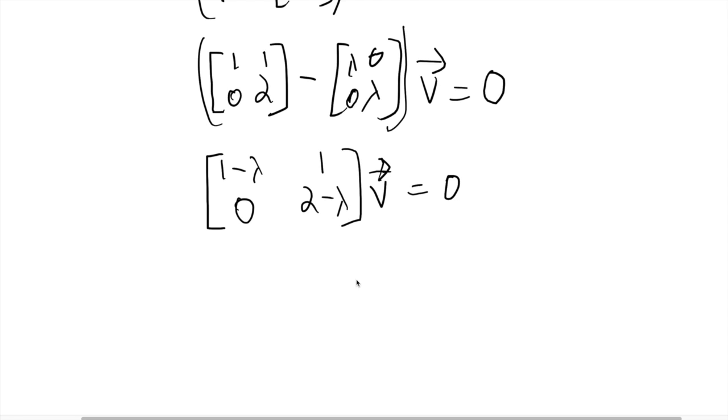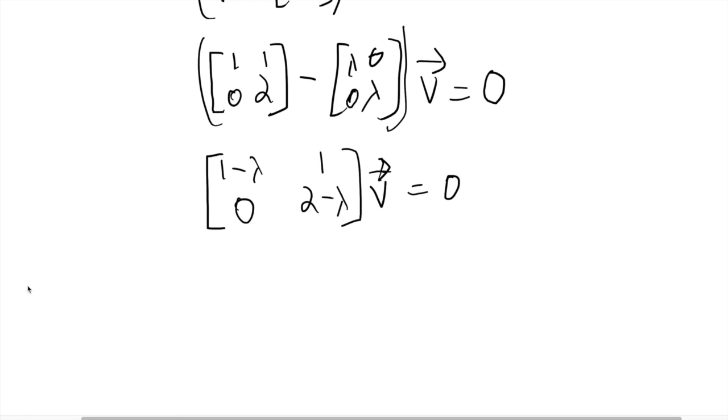And if we want a non-zero vector, the determinant of the left-hand side must be equal to 0. Because we are dealing with the case that the vector v is not equal to 0, the determinant of the matrix involving lambdas must be equal to 0.